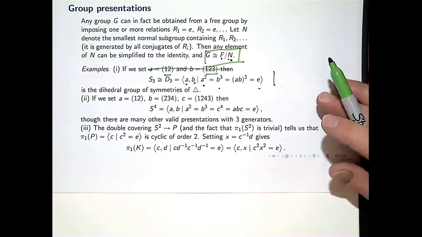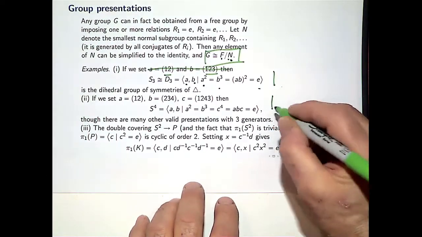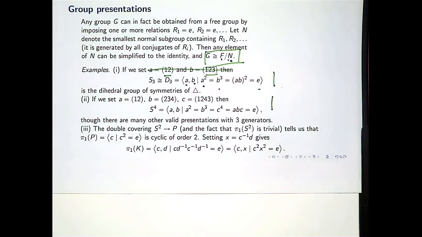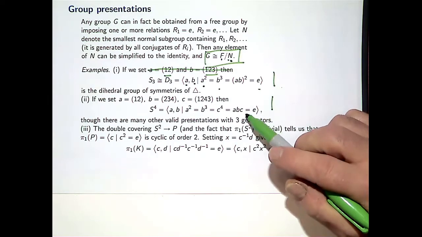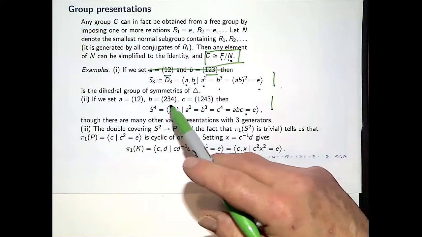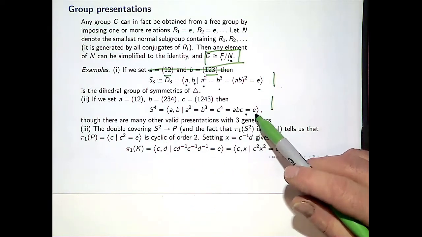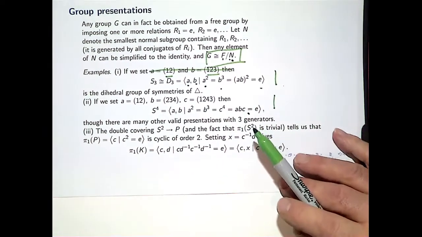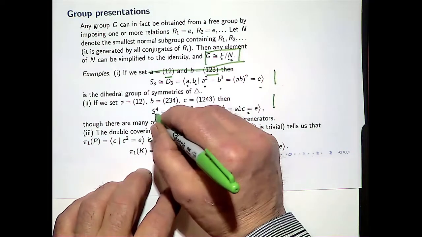A slightly more complicated example is the symmetric group on 4 letters, the permutations of 4 objects, and then you've got lots of choices as to how to write the relations. Here's quite a neat way of doing it, in which you choose a 2-cycle, a 3-cycle and a 4-cycle. But this choice is not very helpful for Sn. By the way, this should be S4 like that.